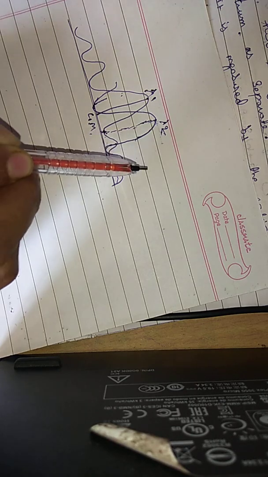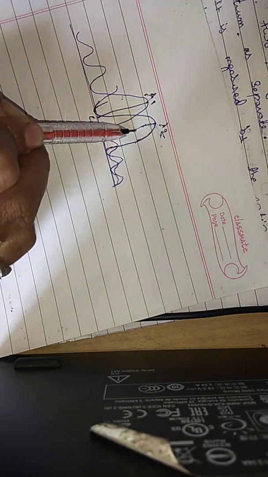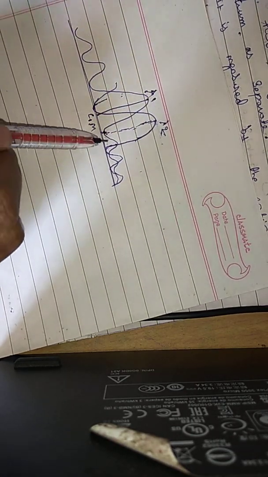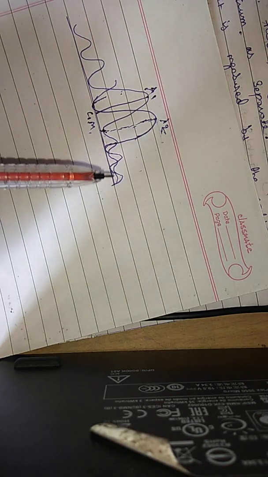Then only we can say that the two diffraction lines or spectra are said to be just resolved.